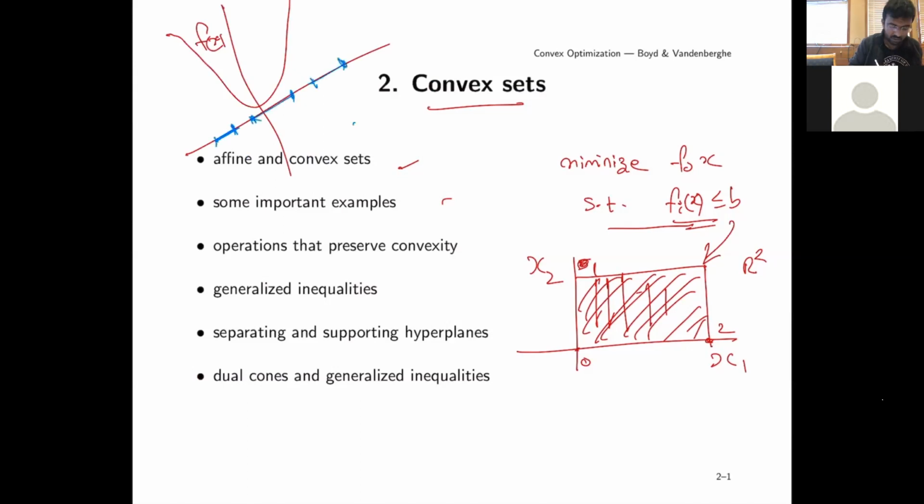This is not a convex set, because if you consider these 2 points, all the line segment between the points is not in the set; there's a gap in between. So this is not a convex set, and this is not a convex problem. So in this case, although the objective function is convex, the problem is not convex. Okay, that's the idea. So we stop here.